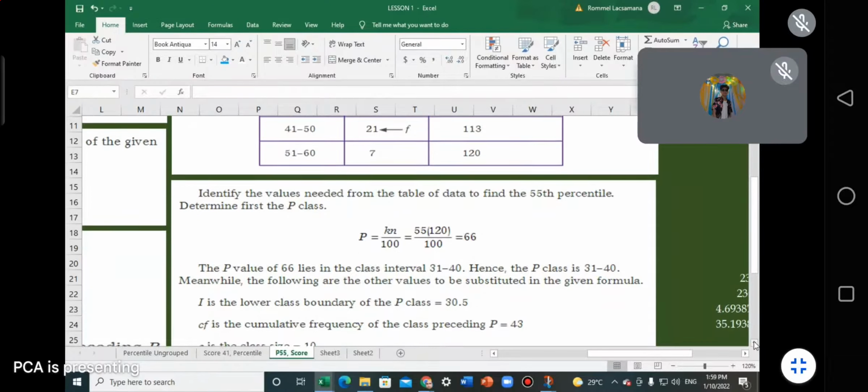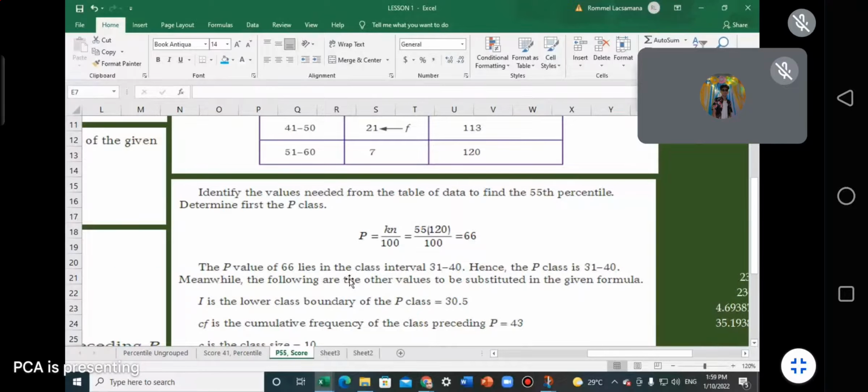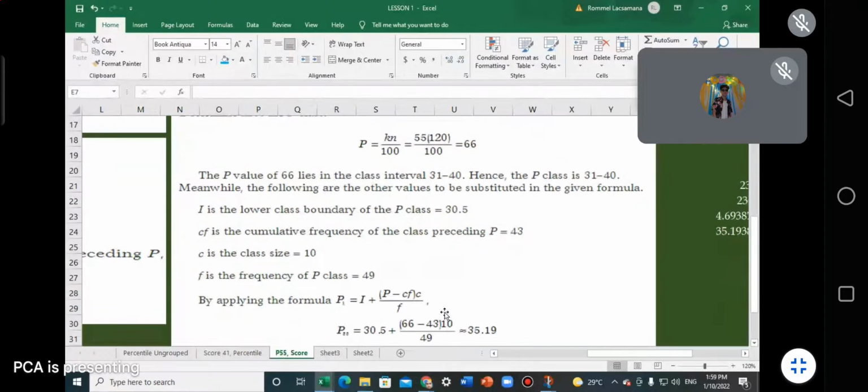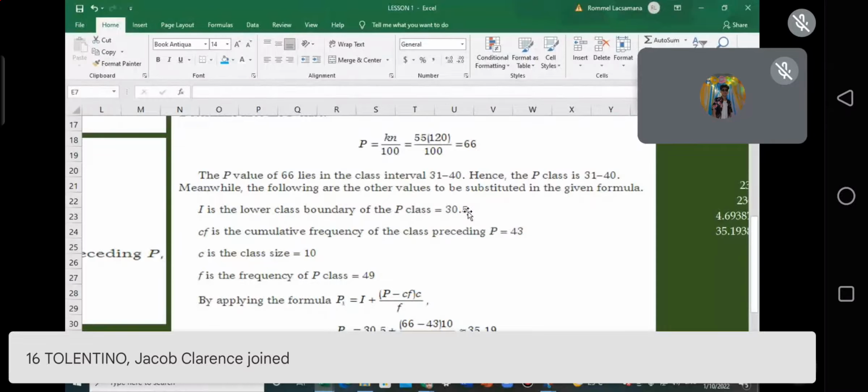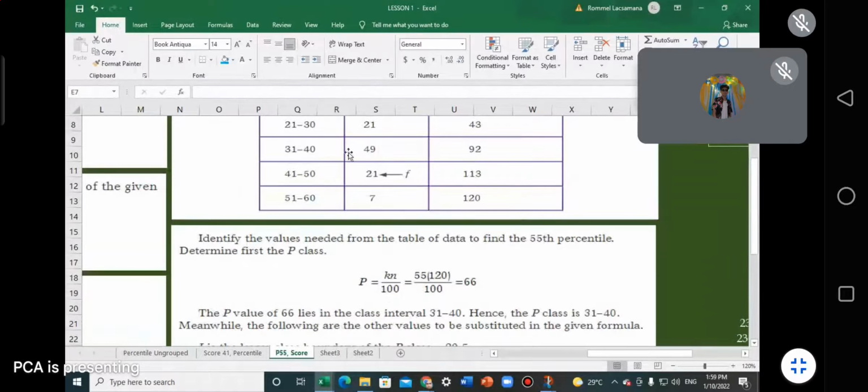Okay, let's evaluate now. I is the lower class boundary of the P class, 30.5. So this is your P class. Lower boundary is here, and this is the upper boundary for this class interval. Then just deduct 0.5 from 31.